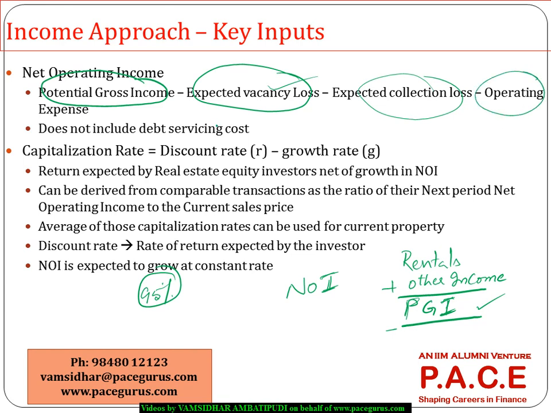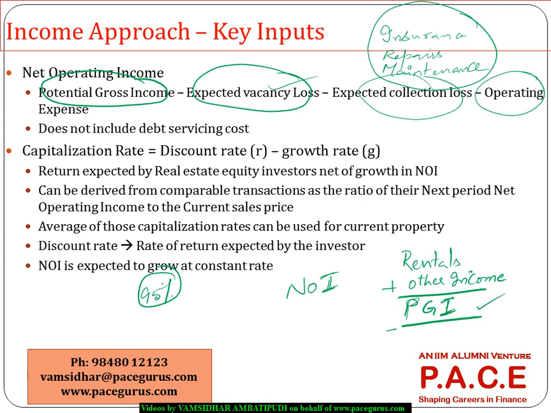Here when I look at the operating expenses, I am purely looking at things like insurance or any maintenance and repairs, which will generally happen on a regular basis. So these are what we call operating expenses, right?